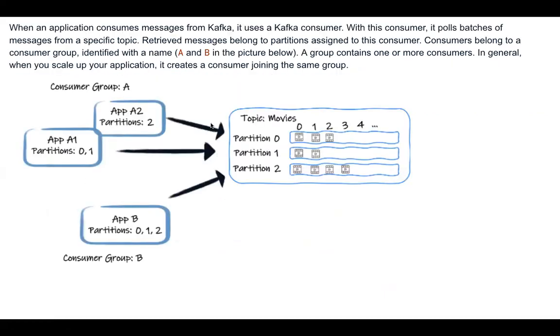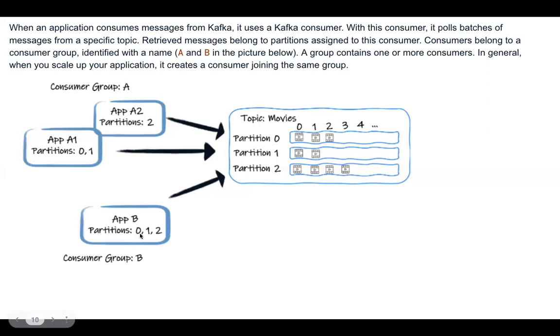When an application consumes messages from Kafka, it uses a Kafka consumer, of course. With this consumer, it pulls batches of records from a specific topic. It retrieves messages that belong to partitions assigned to this consumer. Consumers belong to a consumer group. So see, this is group A, and applications A1 and A2 belong to A. Consumer group B, application B belongs here.